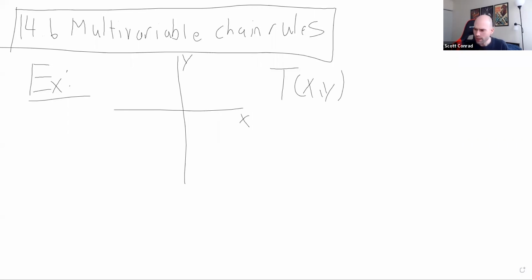Suppose, however, that we're moving along some circle. So let's say the unit circle counterclockwise.